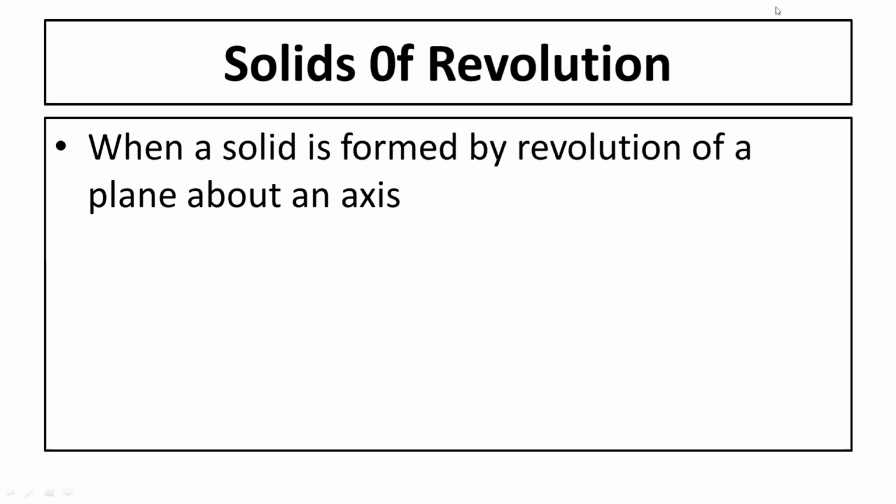Okay. In the solid by revolution, we have two solids. The first one is the cylinder, and the second solid is the cone. Okay. So we will see how the cylinder is formed and how the cone is formed by the revolution method.